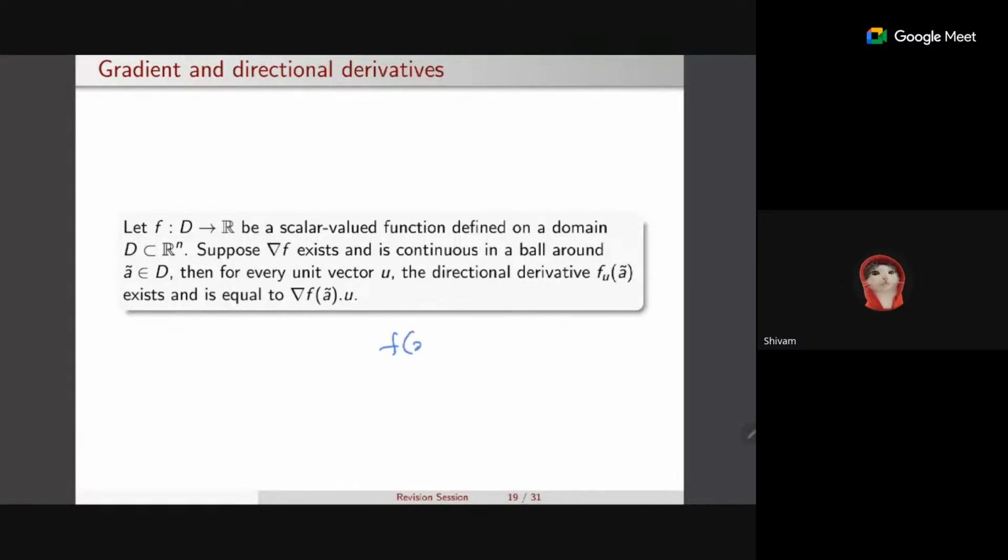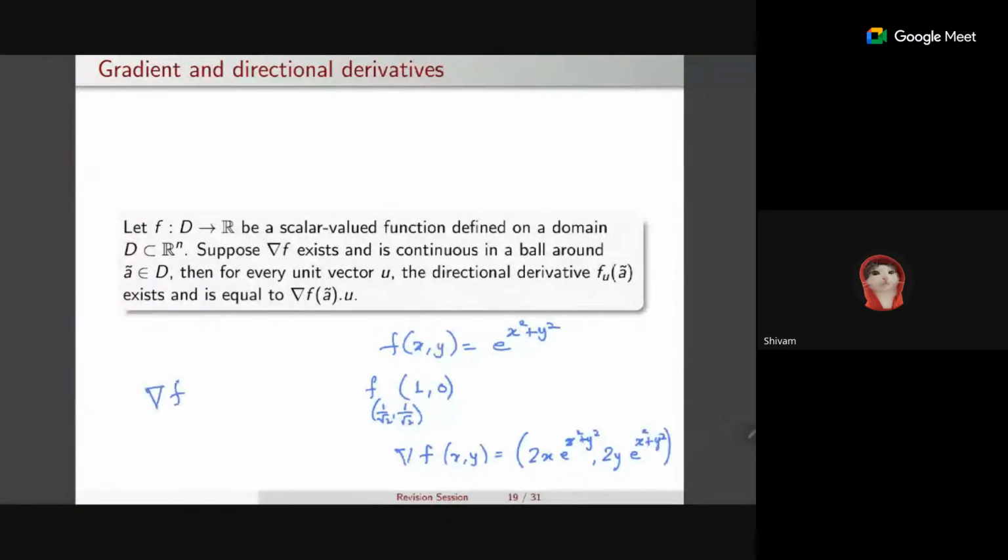So let's say I take f equal to e to the x squared plus y squared, and I want the directional derivative in the direction of 1 by root 2, 1 by root 2, at the point 1, comma 0. So what is the gradient of f at an arbitrary point x, y? This would be 2x e to the x squared plus y squared, comma 2y e to the x squared plus y squared.